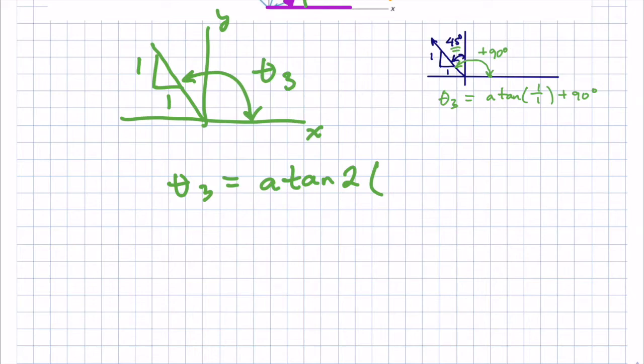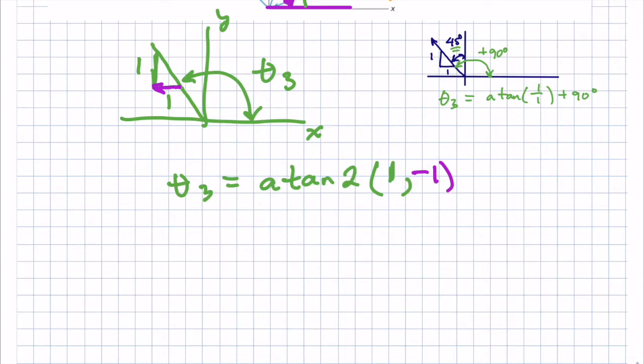What I realize is that in the y direction I go up by 1, so the first argument is 1. And in the x direction, I go back to the left. That's in the negative direction on the real line, so this would be -1.